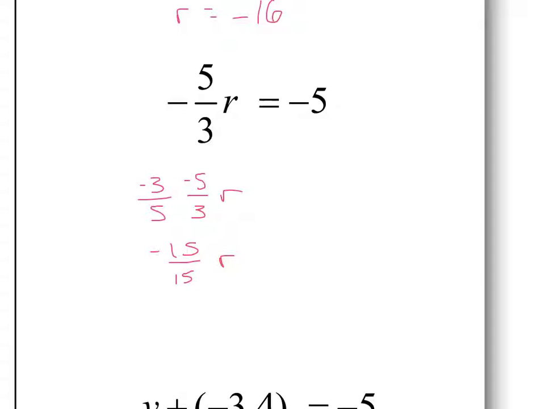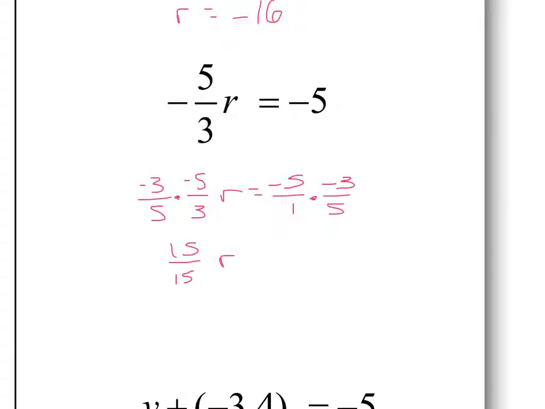So it would have to be something that is a positive. So here we have it, the way she has set it up, a negative 3 times a negative 5 would give us a positive 15, over a positive 5 times a positive 3 gives us a positive 15. So if we multiply by negative 3 over 5 on one side, I need to do the same thing on the other.